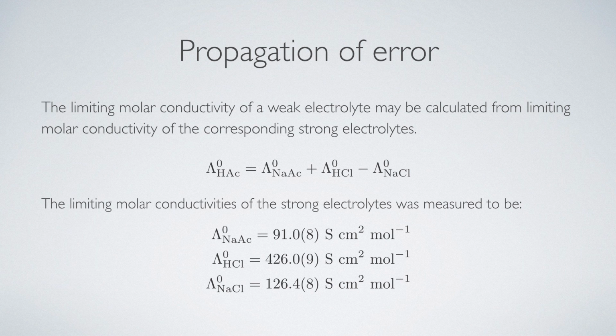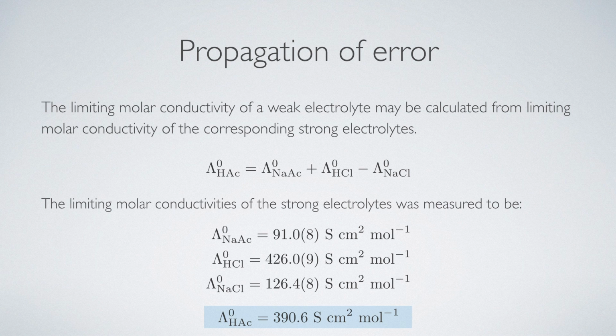I can imagine that I've recorded the limiting molar conductivity of each of my strong electrolytes and given each of them the uncertainty associated with their measurements. If I want to work out the limiting molar conductivity of my acetic acid, HAc, I can just do a simple calculation, as shown above, giving me this value of 390.6 Siemens centimetre squared per mole.